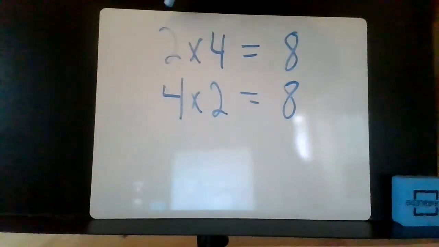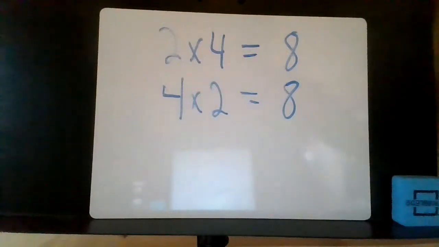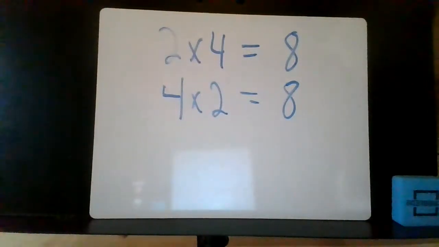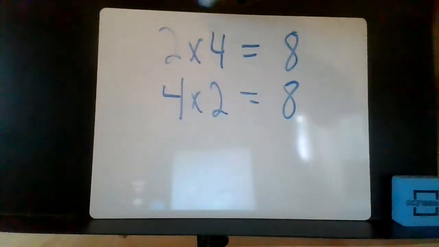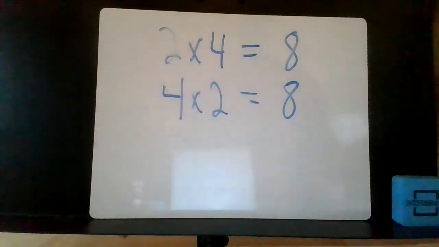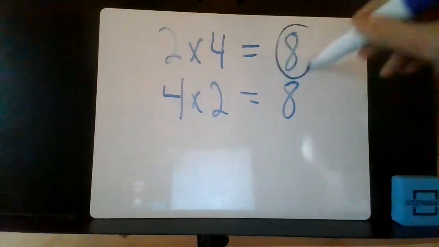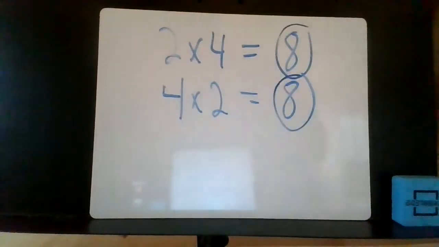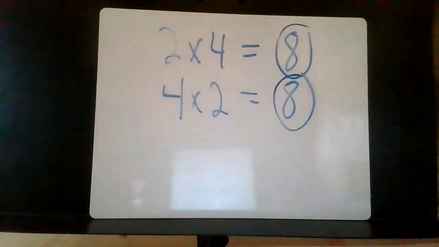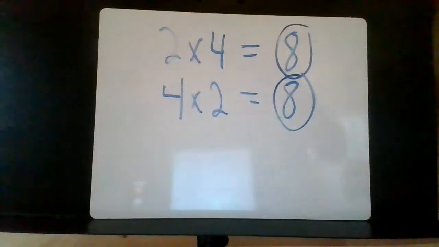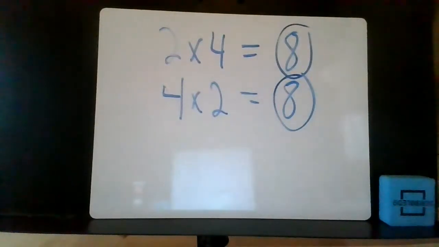So this is a really simple demonstration of the commutative property. You've probably seen this before. So you can change the order of the factors in a multiplication problem, and you still get the same product. All right? So that is most likely not new information for you. Review, but I want to look at how that could be helpful when you're multiplying fractions.